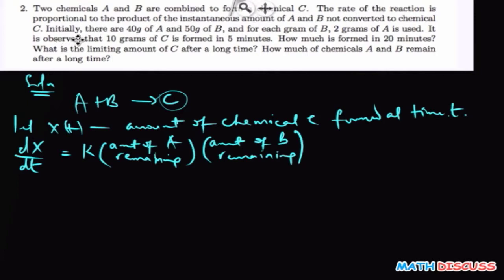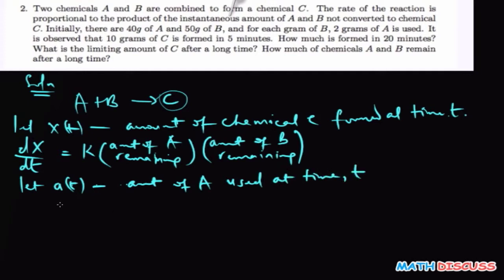Now let's continue. It says initially there are 40 grams of A and 50 grams of B. So I'm going to continue by saying let A of t be the amount of A used at time t, and let B of t be the amount of B used at time t.